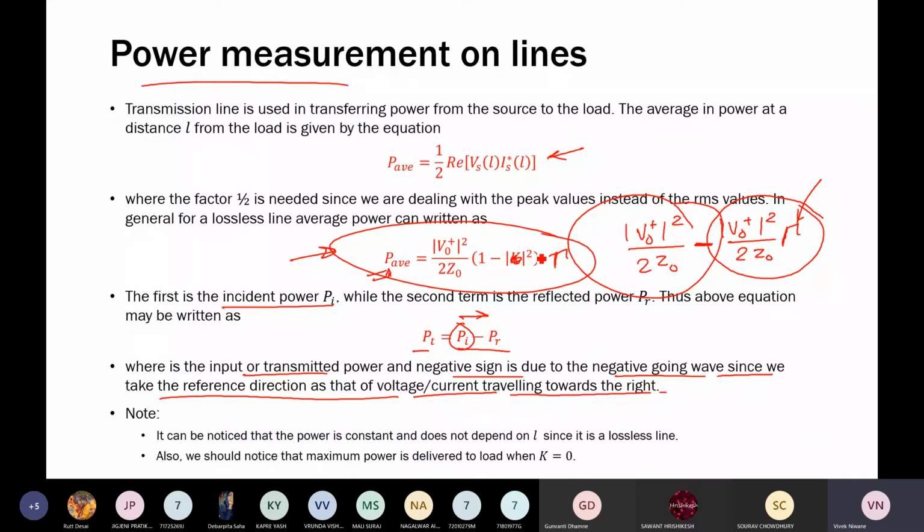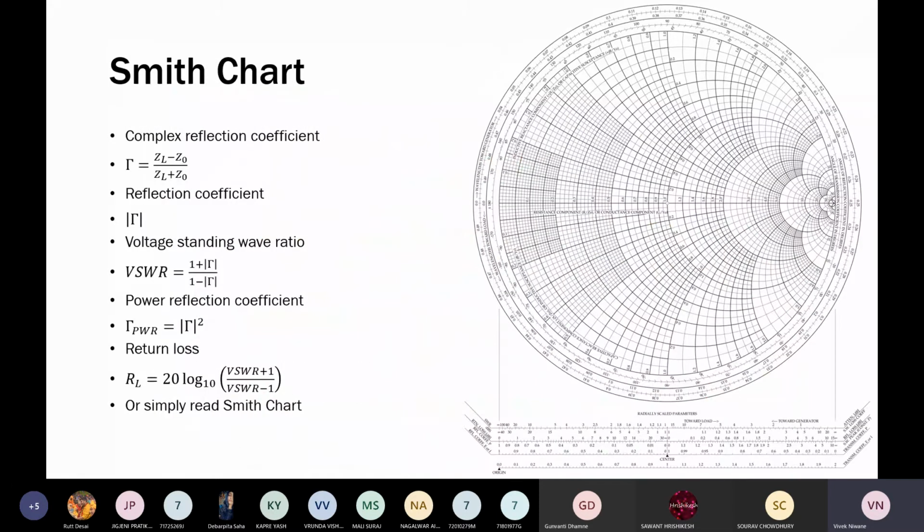And the last point from unit number 5 is your Smith chart. You can look at some kind of circular geometry on your right hand side.